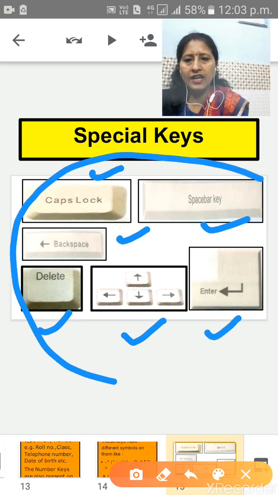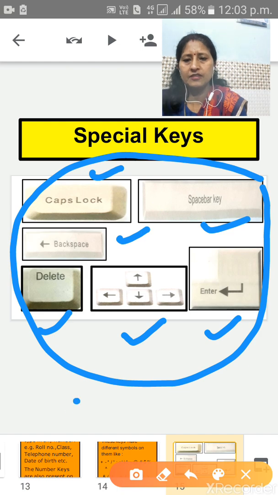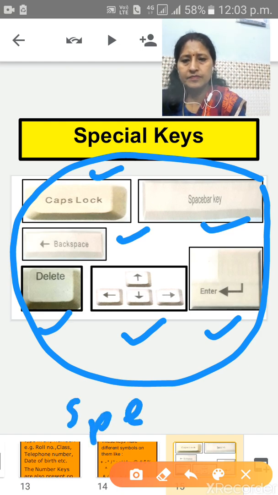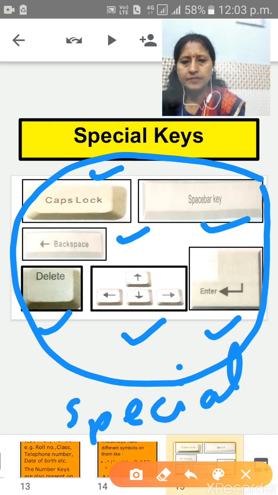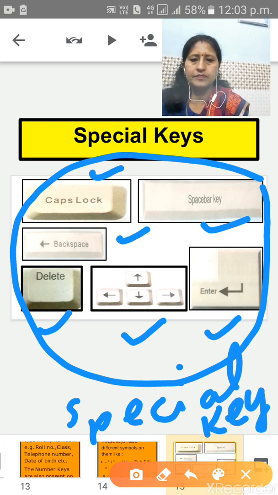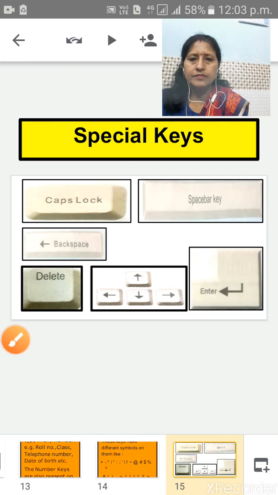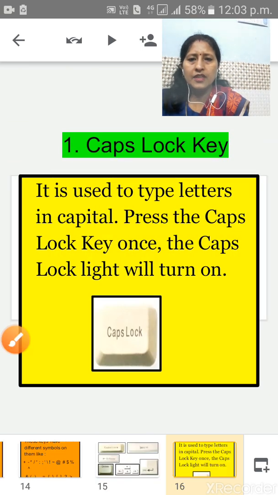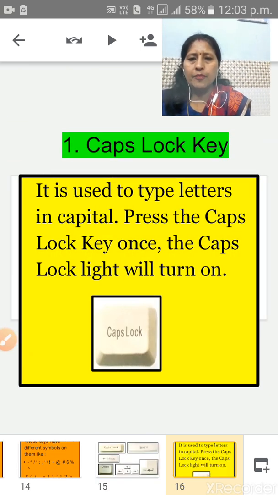These all are special keys. Children, I will discuss the special keys one by one.